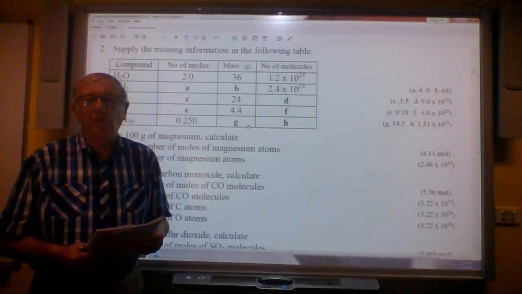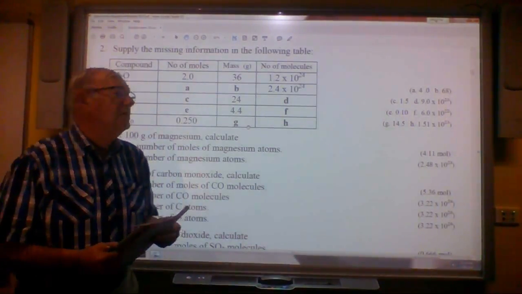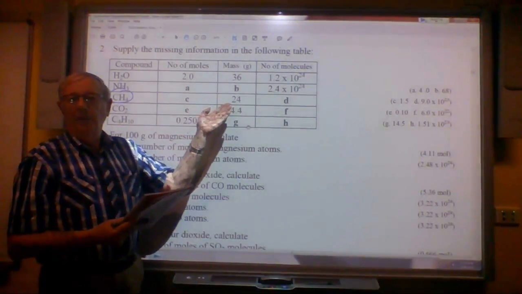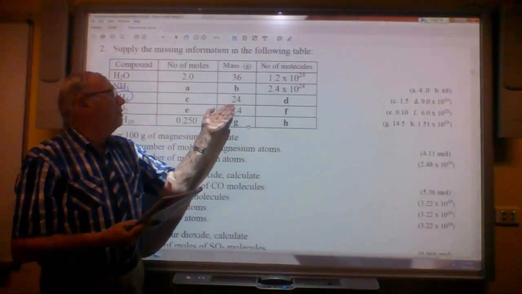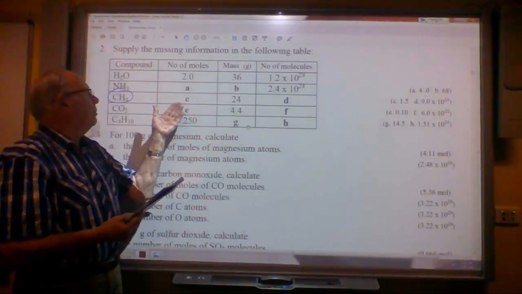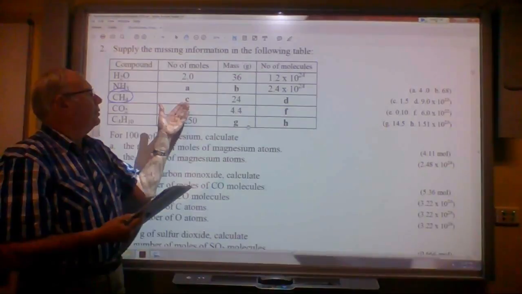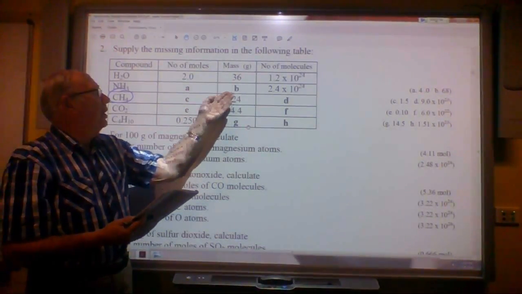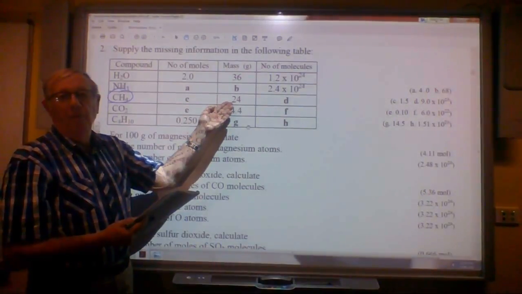The next one that we're looking at, as you can see, is methane. That's this one here. So what we've got is 24 grams of that. So our first step then is to work out the number of moles. Now, in order to work out the number of moles, if we're given grams, then we divide the mass by the molar mass.